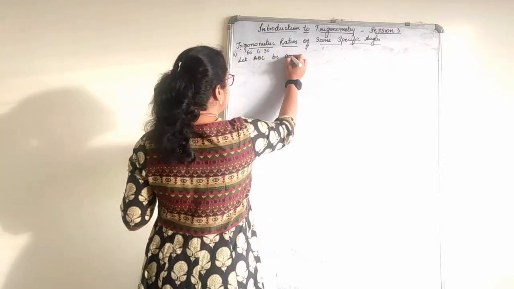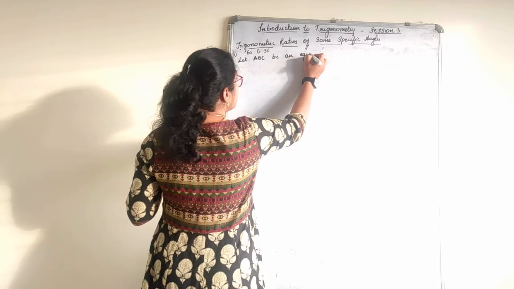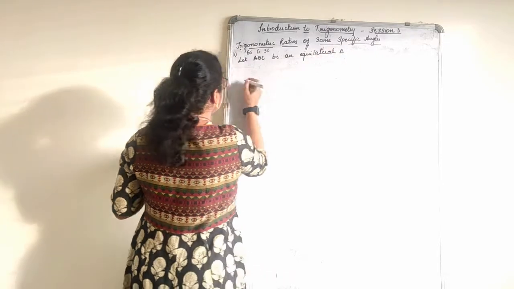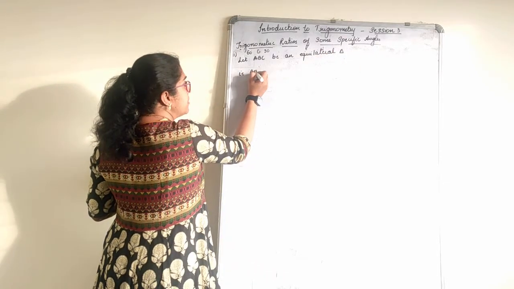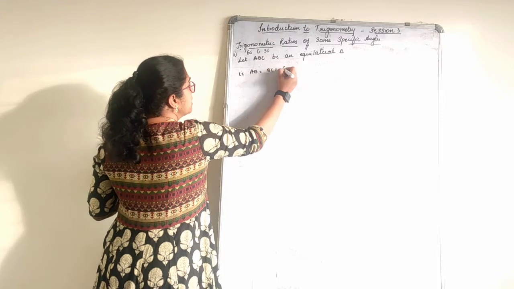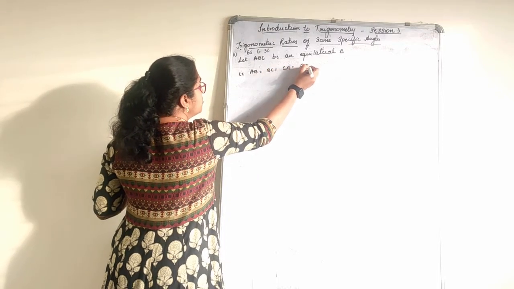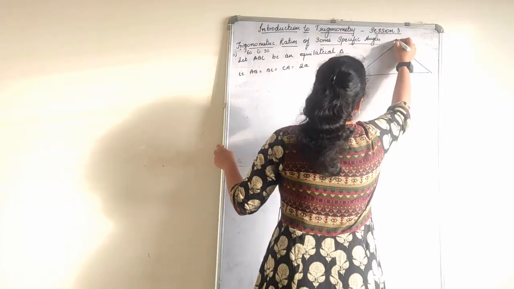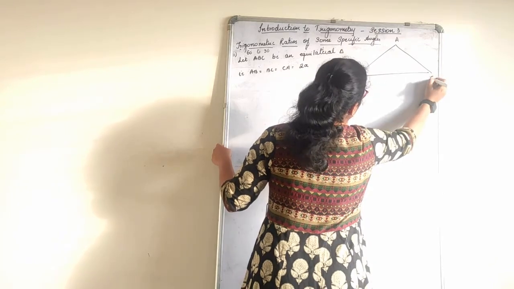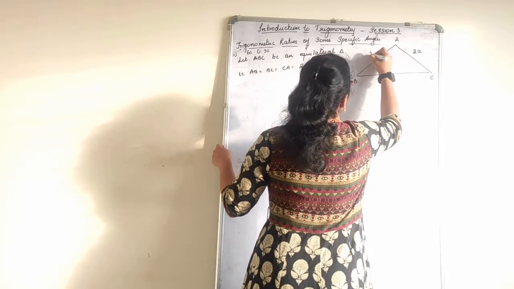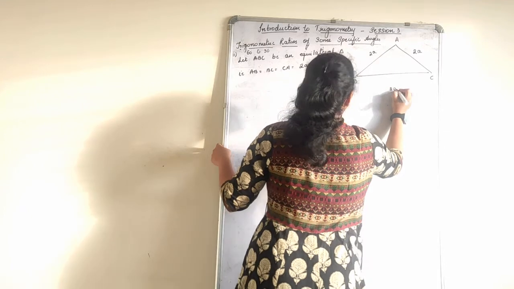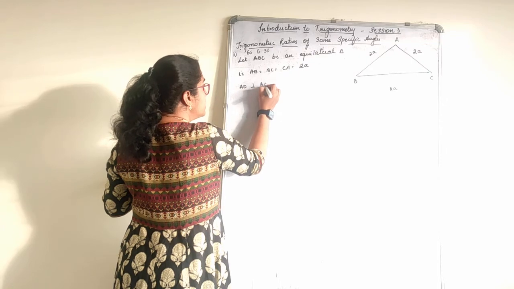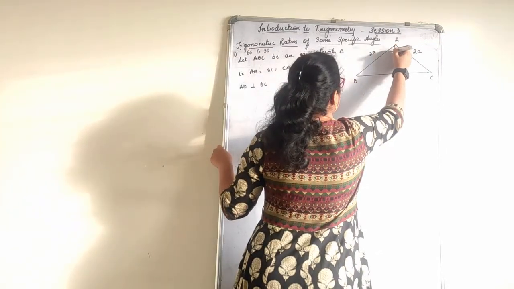Let ABC be an equilateral triangle, that is AB is equal to BC equal to CA is equal to 2A. So A, B, C, AD perpendicular to BC.